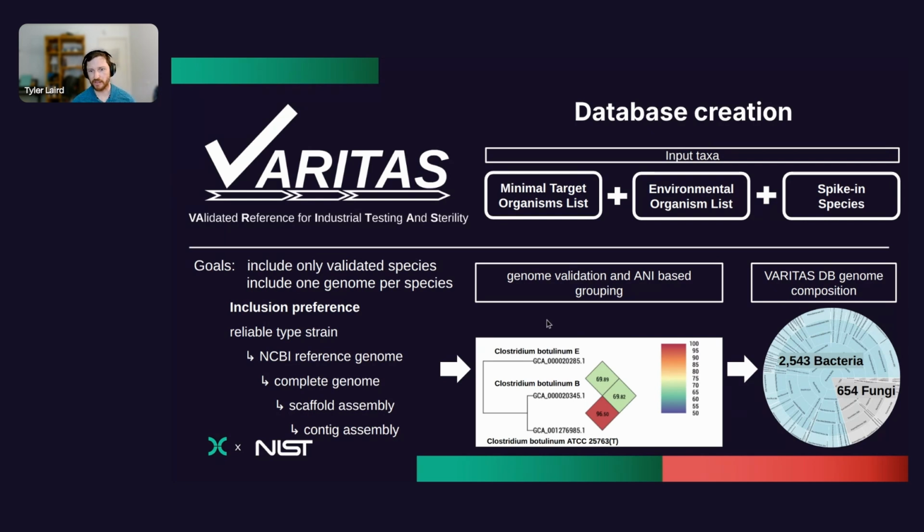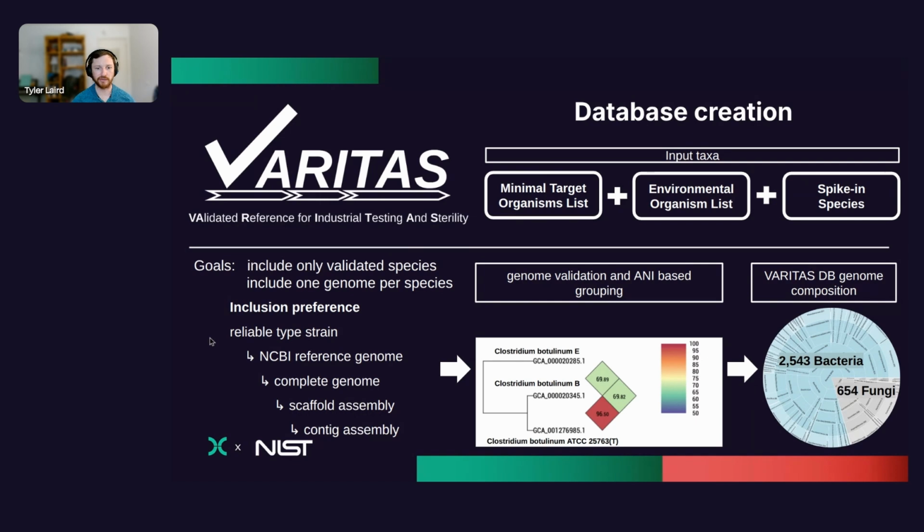And so taking all of these lists of organisms to create the database, the goals were to include only validated species in the database, so no genome species or unclassified organisms, and to include one genome per each species. And the inclusion preference tiers are listed below that.